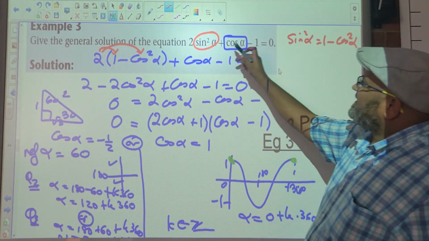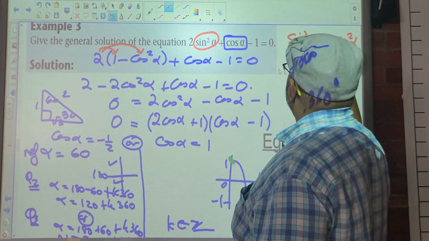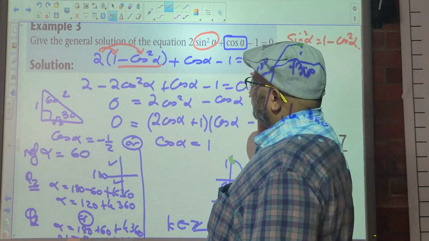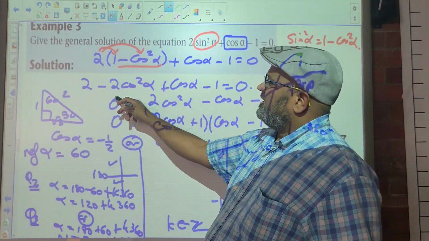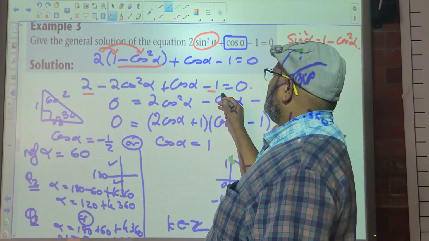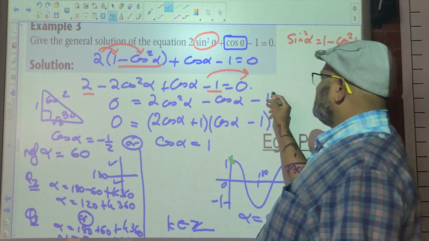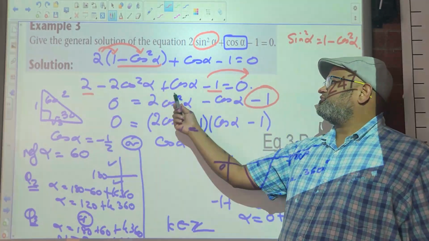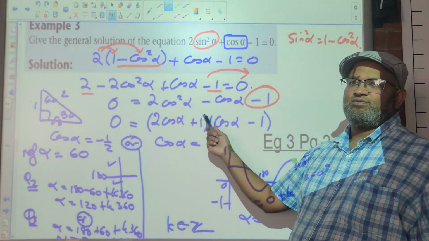So what I did was I replaced sine squared alpha with 1 minus cos squared alpha. And then I multiplied the 2 in to get rid of the brackets. I then added like terms. 2 minus 1 is 1. You take 1 over, it becomes a minus 1. We took that also over, it became positive. We took that over, it became negative.